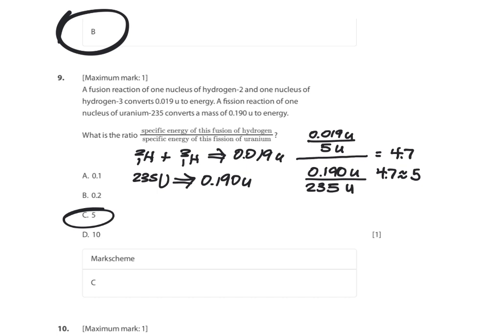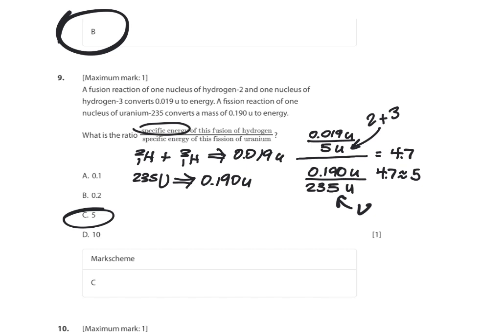Specific energy is the ratio of the amount of energy to the mass itself. So I have 0.019 u over 5 u, where the 5 comes from the nucleons of the two hydrogens: 2 for the deuterium, 3 for the tritium. And then for the uranium-235, that's 235.